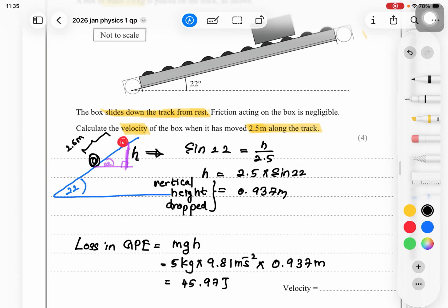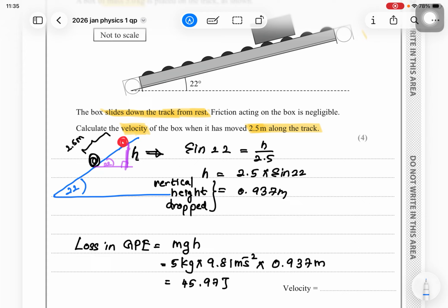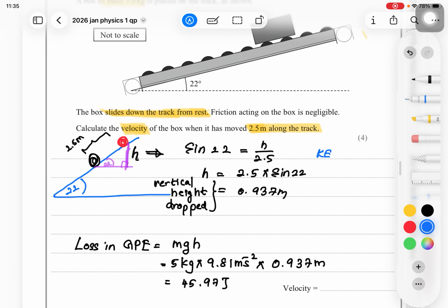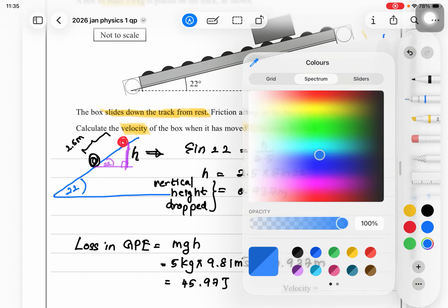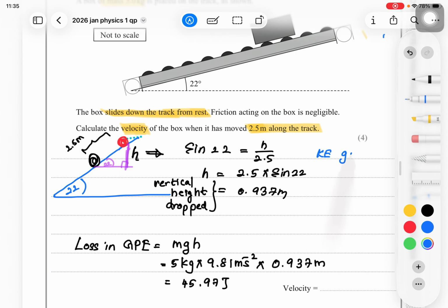Since the friction is negligible, all the potential energy lost is the energy gained as kinetic energy. According to the energy conservation law, the KE gained will be the GPE lost.